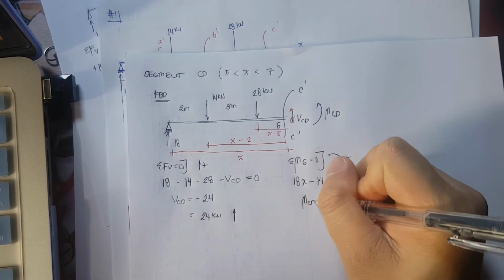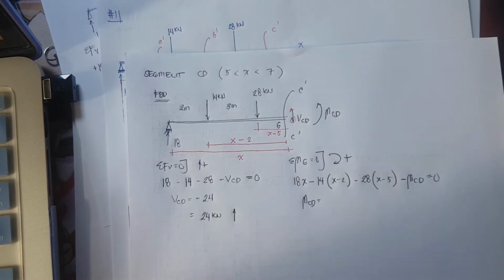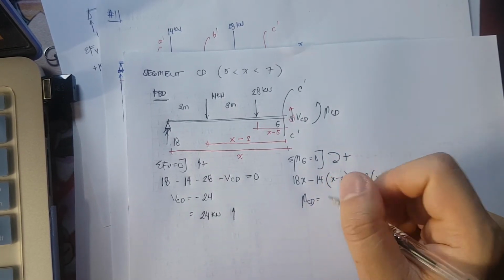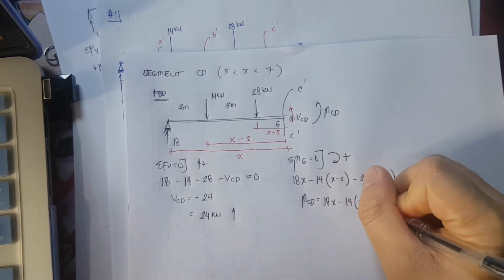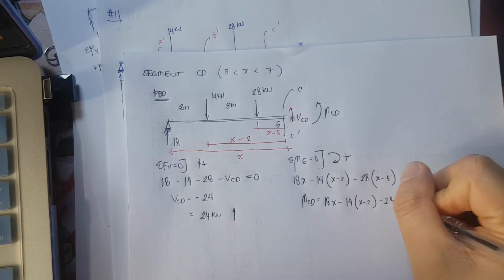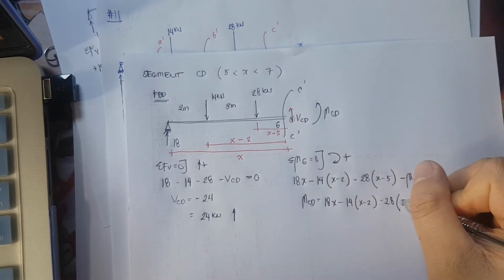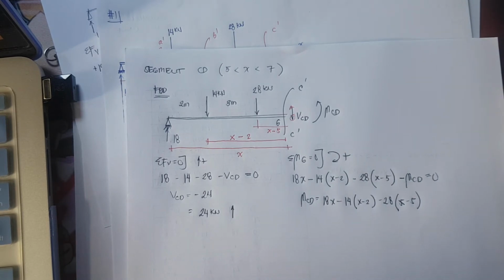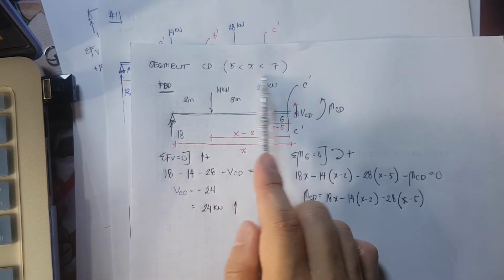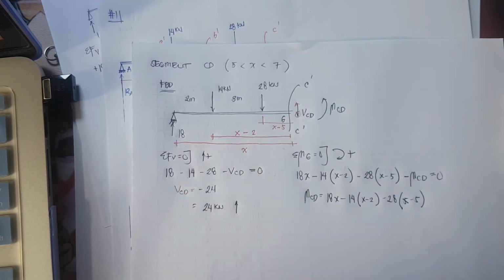Transpose MCD to the other side of the equation to make it positive. So our expression would be 18x minus 14 times x minus 2 minus 28 times x minus 5. Okay? So that is our expression for moment at segment CD.